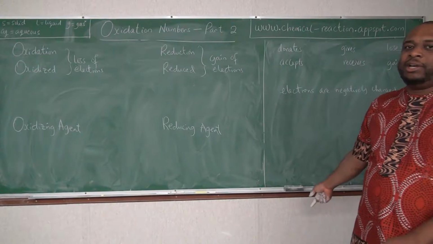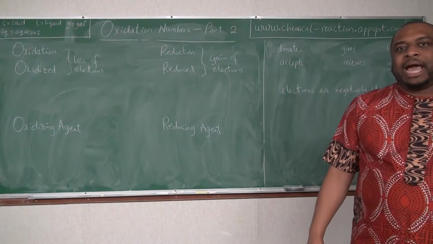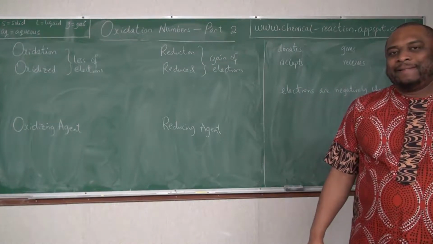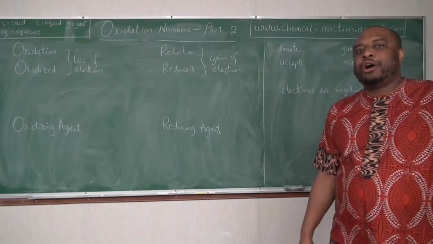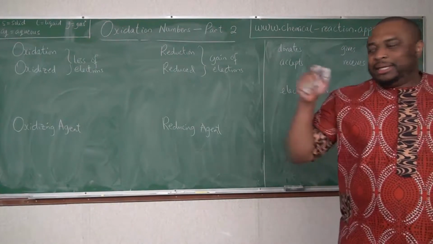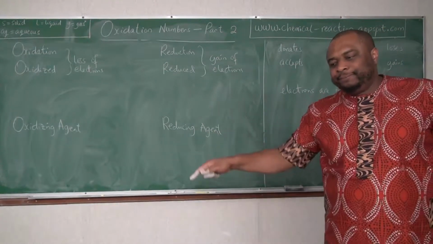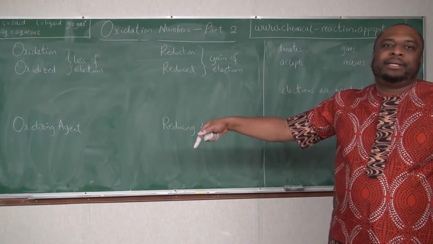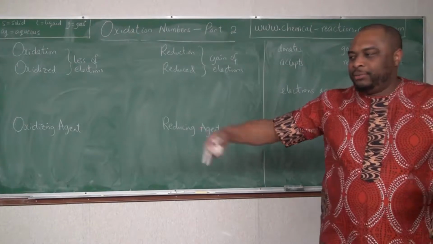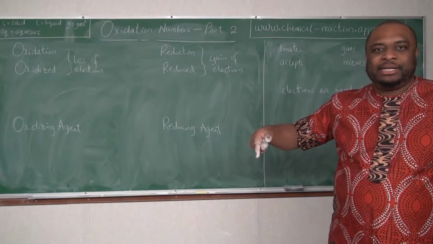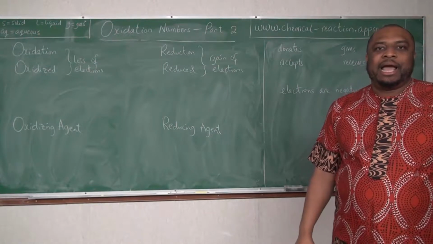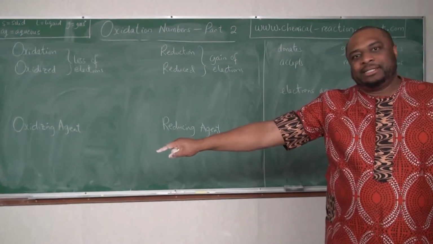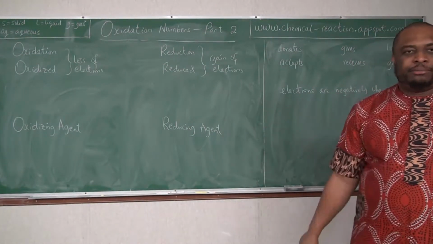An agent will cause the other to change. When you come in contact with an oxidizing agent, that agent will cause you to be oxidized, and by being oxidized, he or she becomes reduced.